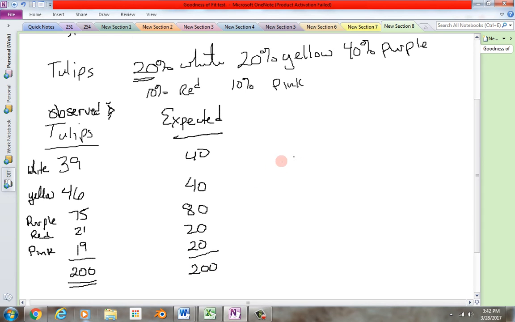Okay. And so this next test really is pretty straightforward, because the goodness of fit test says, well, how far off are your observed values from your expected values? That's really what it's all about. And this test is a chi-square test. It is the sum of the observed minus the expected, squared, divided by the expected.